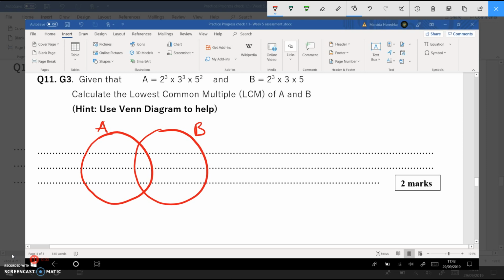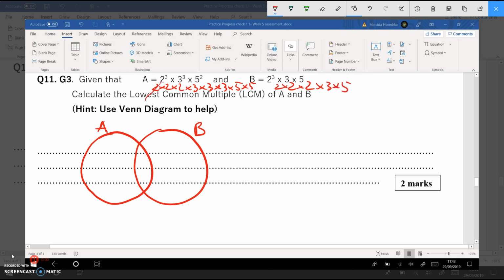Let's place in the middle first the ones that would go there. So the ones that overlap, A is 2 times 2 times 2 times 3 times 3 times 3 times 5 times 5, and B is written as 2 times 2 times 2 times 3 times 5.